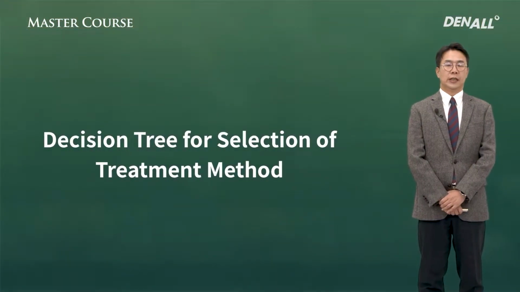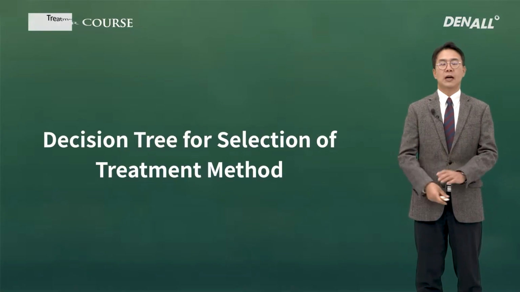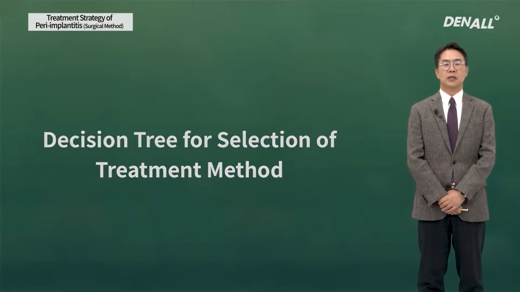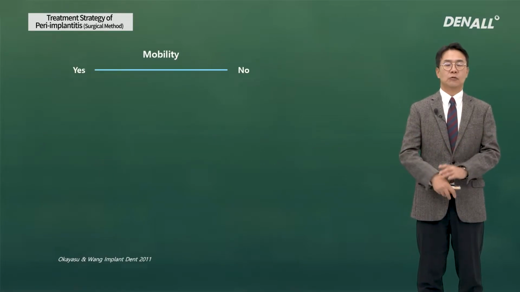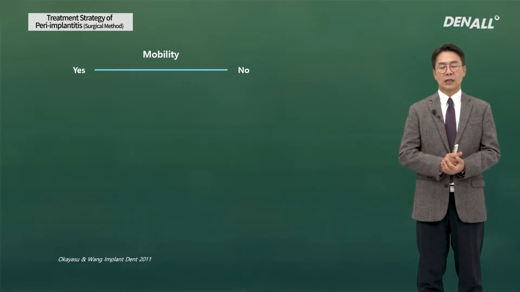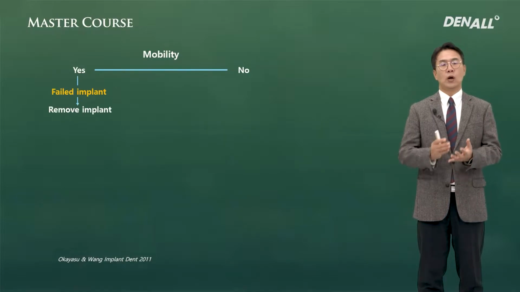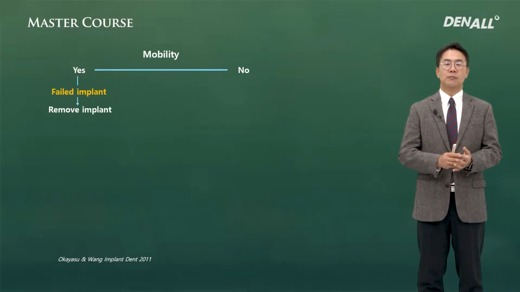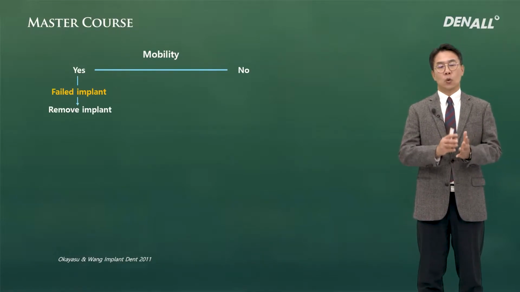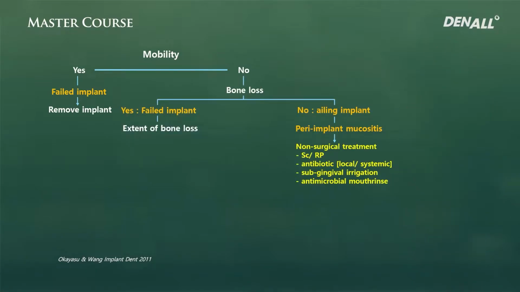There can be many different factors that affect how we're going to provide treatment. The first thing to check when the patient comes in is to look for mobility. If there is mobility, it's a failed implant and therefore it should be removed. However, if there is no mobility, you need to check the level of bone loss.